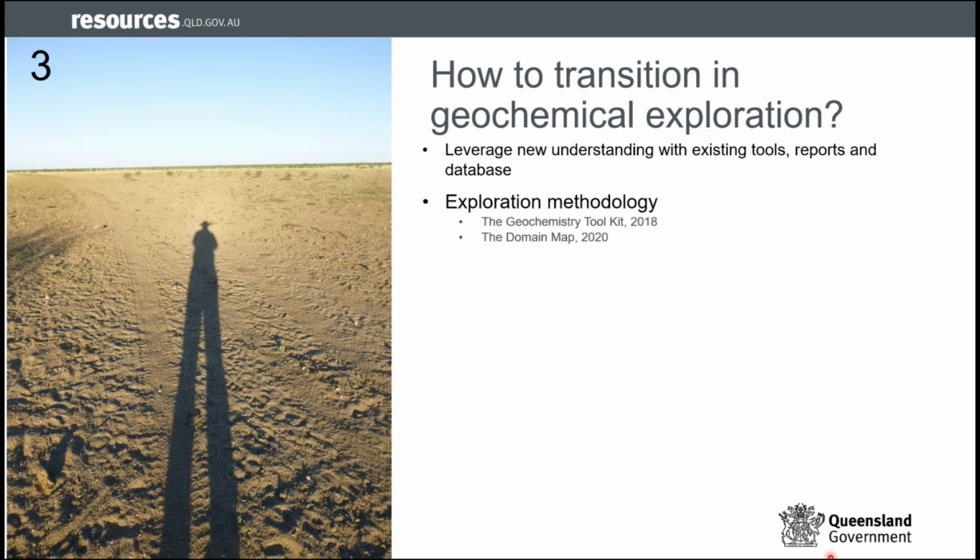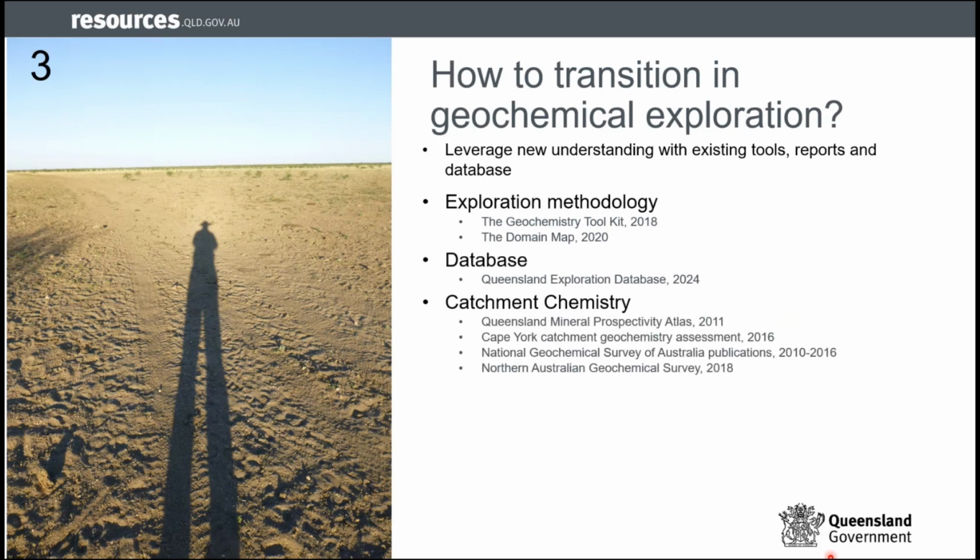One is exploration methodology, and I've released 2 reports, the Geochemistry Toolkit and the domain map, that you can download free through the internet. The database, there are various databases, but the one I'm going to emphasize is the Queensland Exploration Database, which we just upgraded, like a month ago and released it. So it's available. It has 6 million data points there. That's available to all of you.